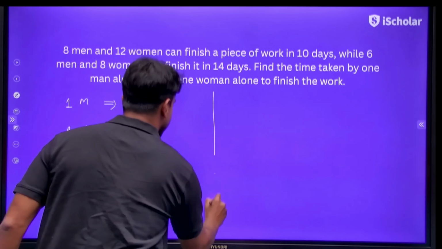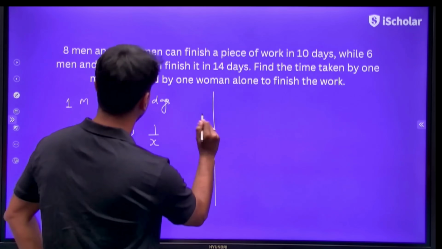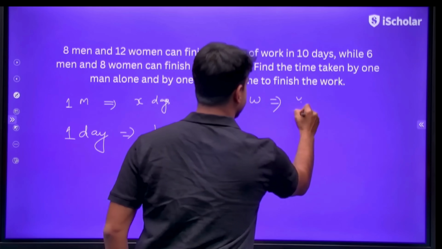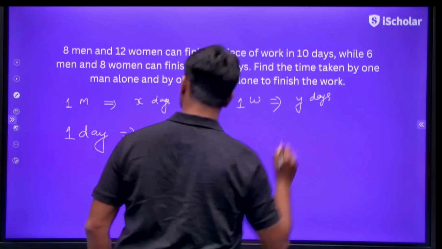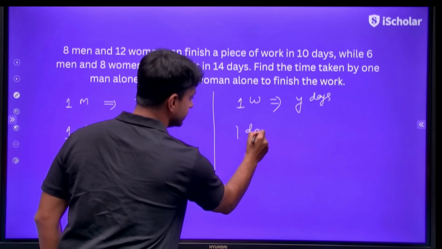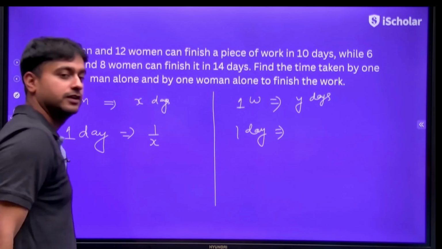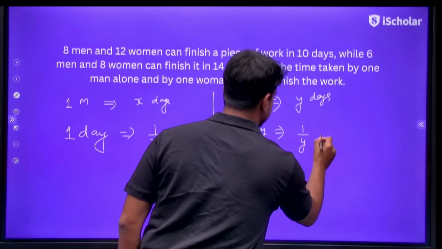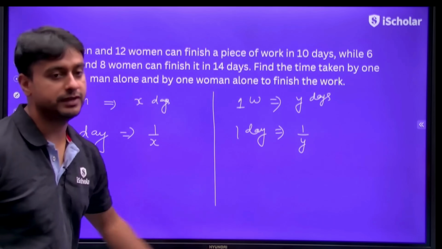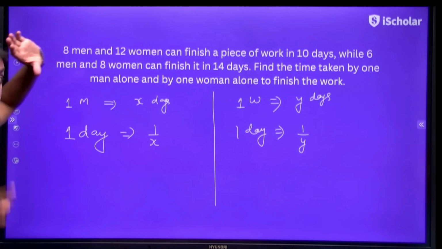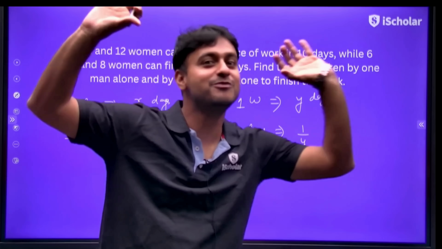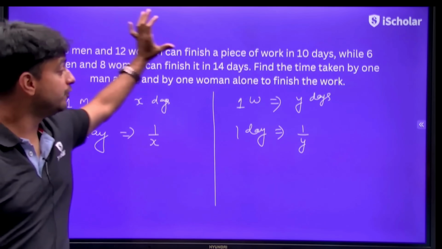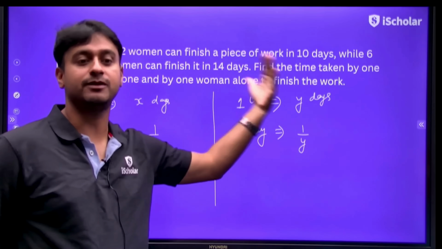Similarly, if I go to the women, let's suppose 1 woman can finish the work in Y days. So in 1 day, she can finish 1/y of the work, correct? If I have 8 men, they will make the work 8 times, and 12 women will make the work 12 times.